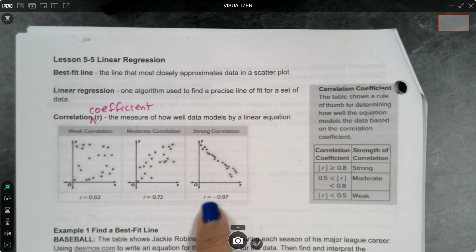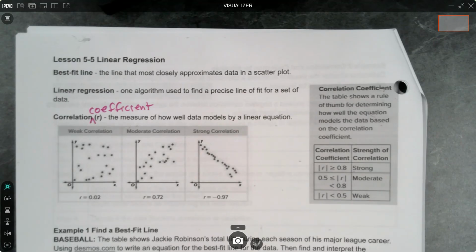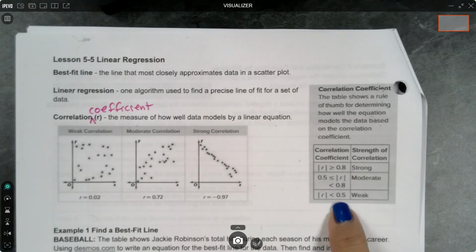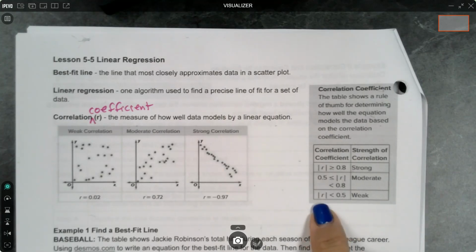Okay, this negative just says it's going in the negative direction. Moderate is going to be from 0.5 to 0.8. Remember, you have to take the absolute value though. And then weak is going to be less than 0.5. Somebody's going to say, but what about negative numbers? Again, you're taking the absolute value.